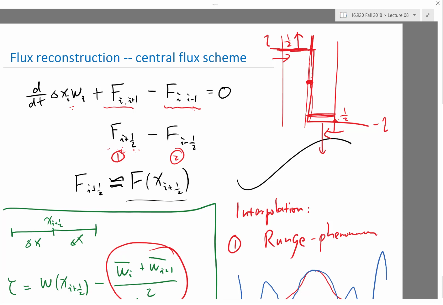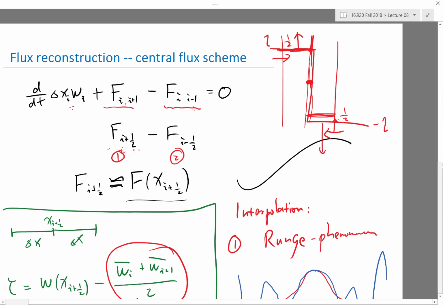Actually, now the central question comes to here, right? As opposed to trying to compute what value of W it is here, why don't we directly try to approximate the flux?